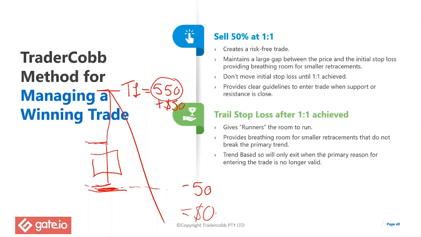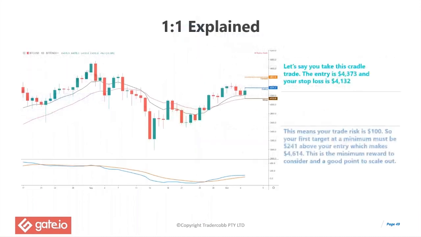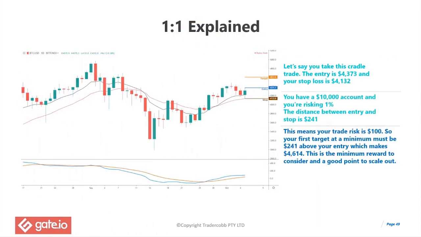All right. Here's how it looks visually. Entry and stop on the same trade I showed you before. We've got a risk, or stop. The distance between our entry and our stop is $241. Our entry is this level, our stop loss is here. That's how we got that number.